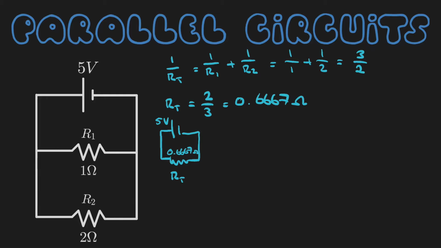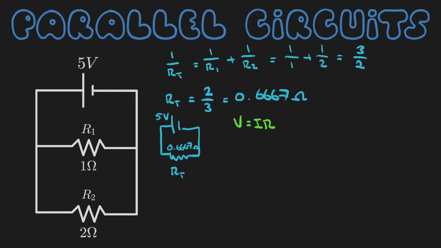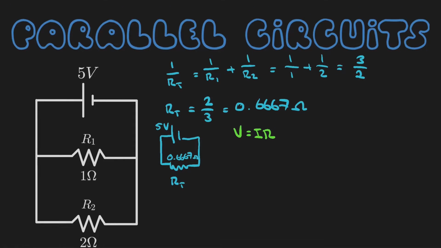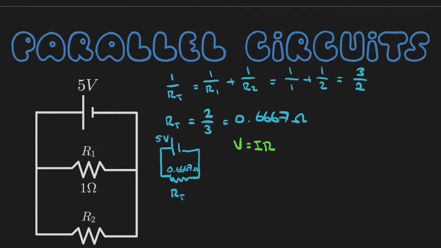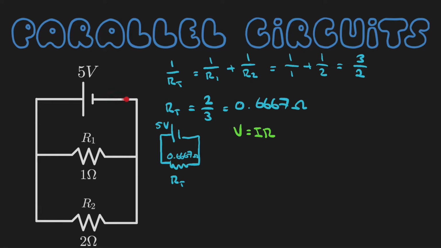So if we go ahead and we use Ohm's law again, which is V equals IR, we can actually find out what the total current flowing through here is, okay? Which is the total current. Current in parallel actually branches off. Oops, my apologies. Current branches off into two places in this circuit.